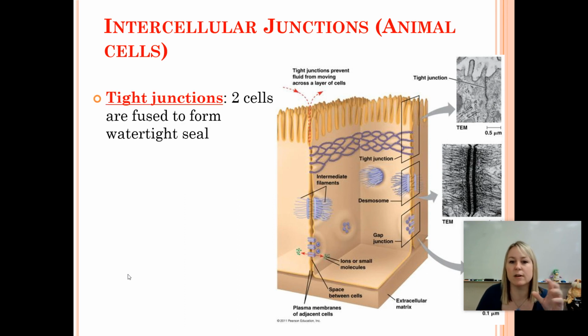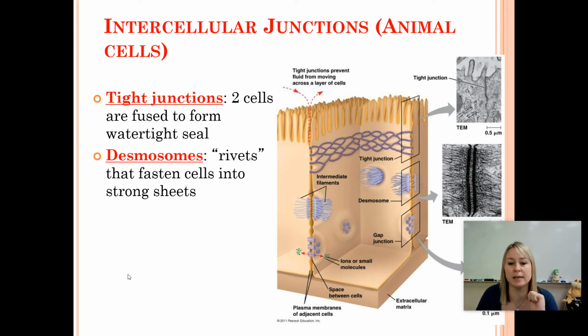Animal cells have several different ways that they bind to other cells and make tissues. They can form what are called tight junctions, where the 2 cells are pretty much fused by the membrane to prevent any kind of liquid from getting through. Then there's desmosomes, which are kind of like rivets.